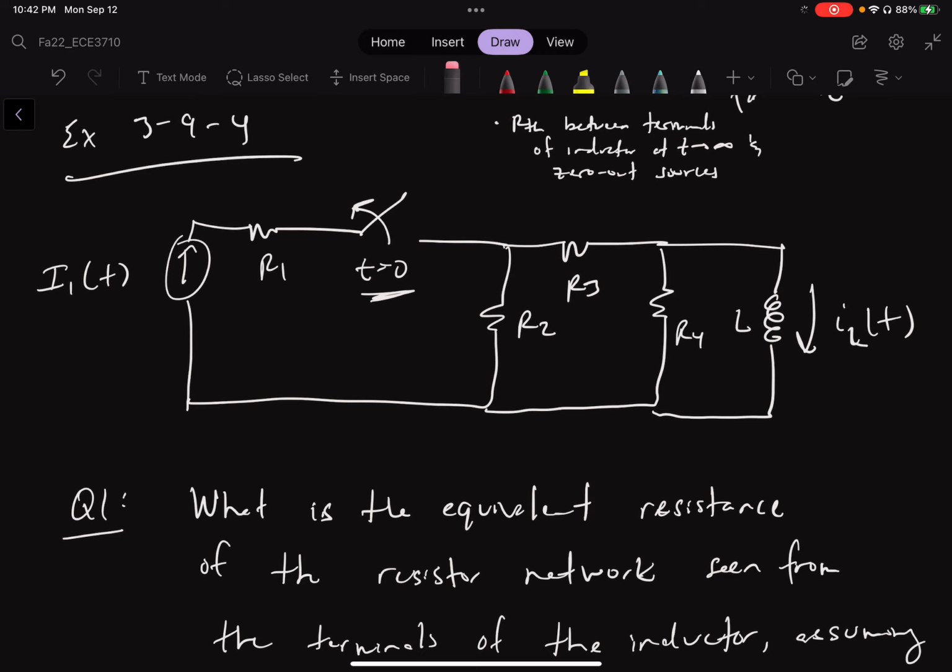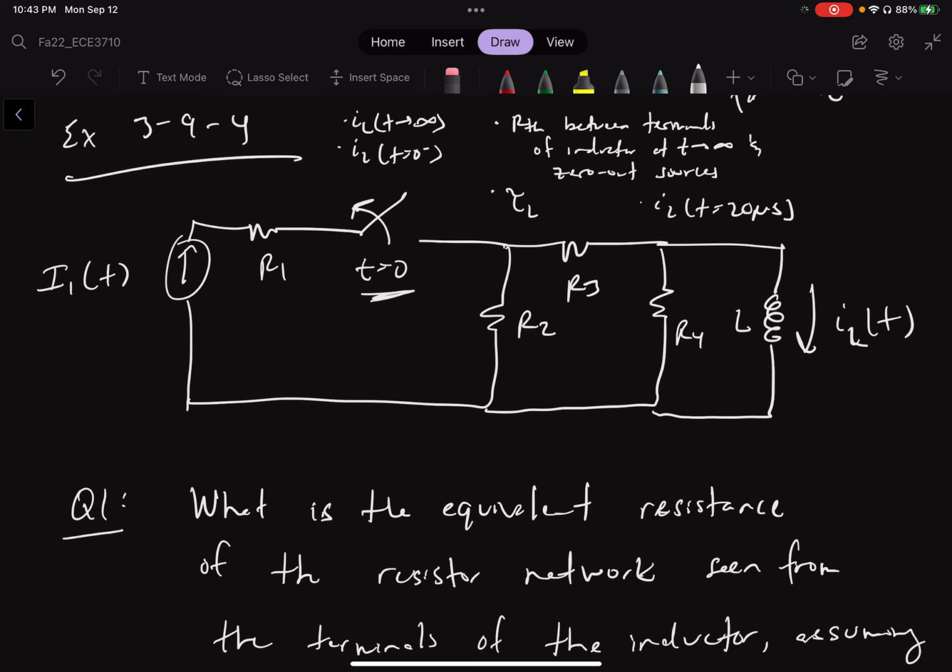We also found IL at t approaching infinity. We also found IL at t equal to 0 minus. We also found tau L. And then we were able to find IL at t equal to 20 microseconds.